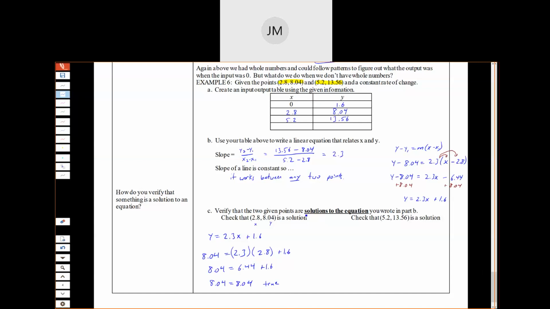Okay, so that checks out so that I know that this first point is indeed a solution to the equation I wrote down. Let's check the second one. So I write down 13.56 equals 2.3 times 5.2 plus 1.6. I'm just taking my y equals 2.3x plus 1.6 and plugging in my y value for y, my x value for x. Okay, I take 2.3 and I multiply it by 5.2, I get 11.96.